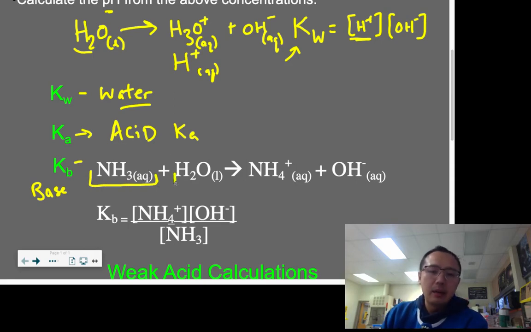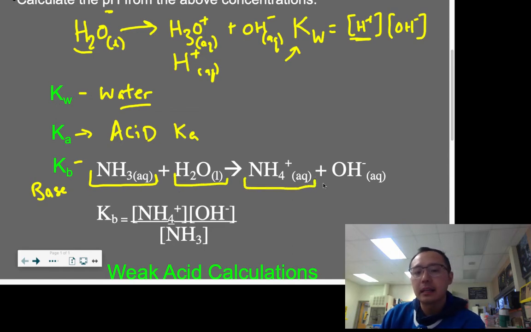And then you have your water, so this is dissolving into water, and then you get ammonium in aqueous and hydroxide in aqueous. I would say that this ammonia should have been in gas form, because ammonia is usually found in a gaseous state. But regardless, this is going to be included in your equilibrium expression.